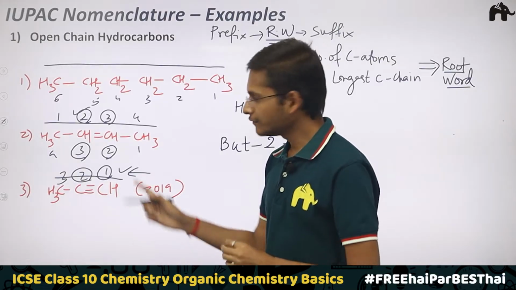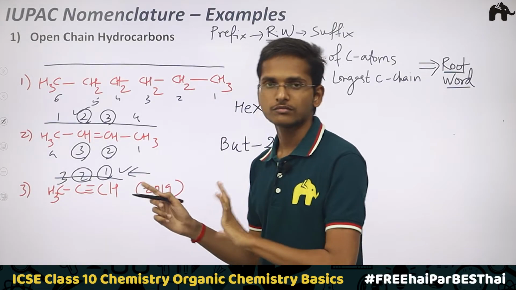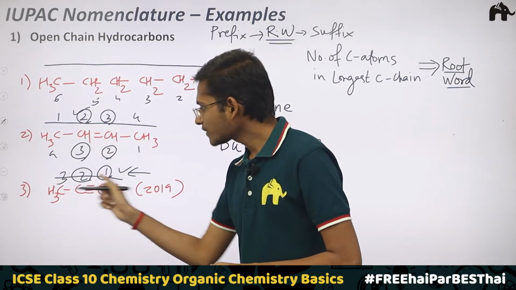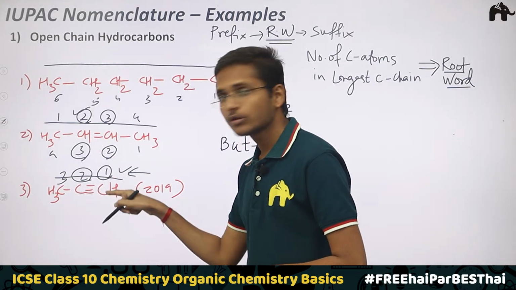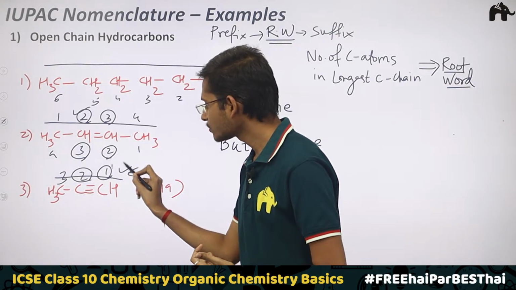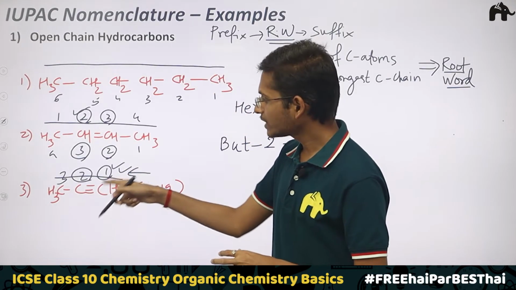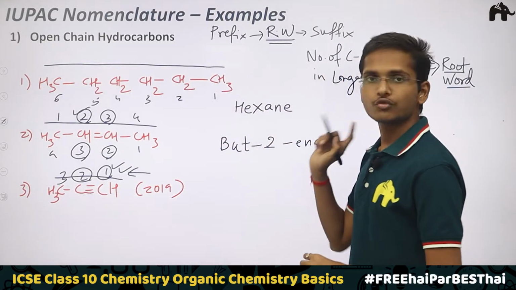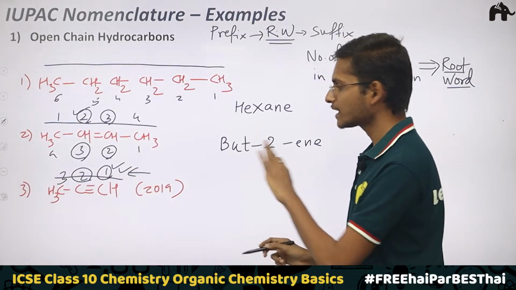Now in this, we know that the position of the triple bond we need to denote in the name. So out of these two carbon atoms, the carbon atom which has the lower number is the position. Carbon atom 1 is lower, so 1 is the position of the triple bond, correct? Now I would write the root word first. Root word: 1, 2, 3, so 3 carbon atoms in the longest carbon chain.